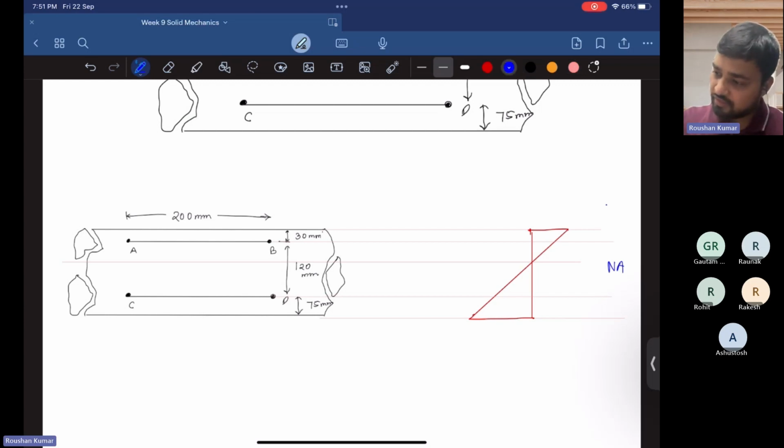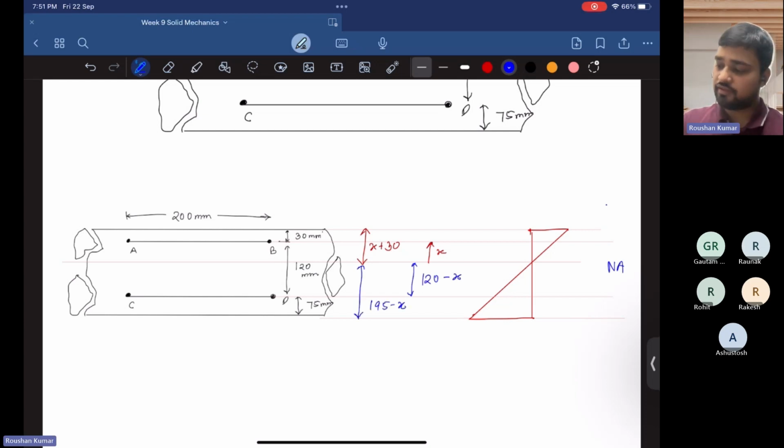So suppose this distance is x, then this distance becomes x plus 30, and this distance is 120, so it will become 120 minus x, and this will become 195 minus x if we are assuming this is our neutral axis.